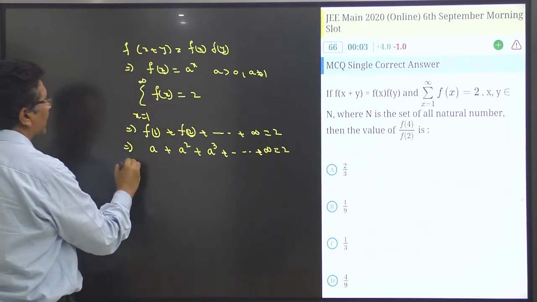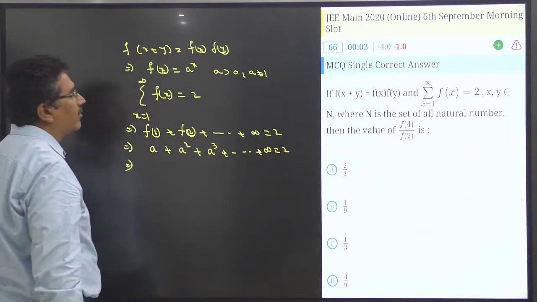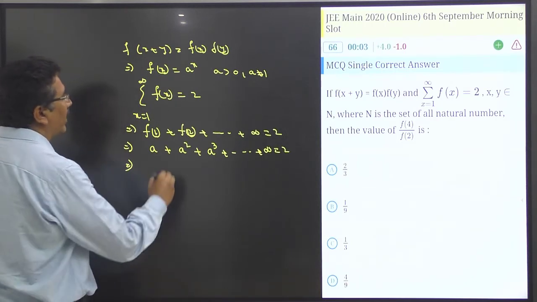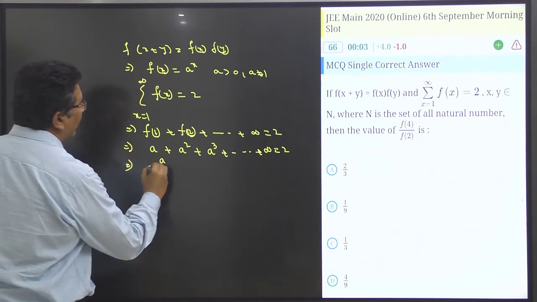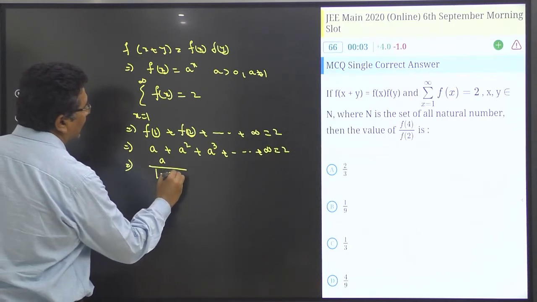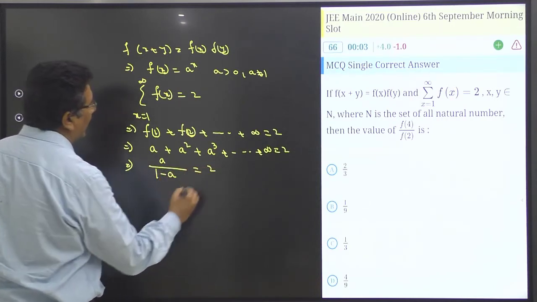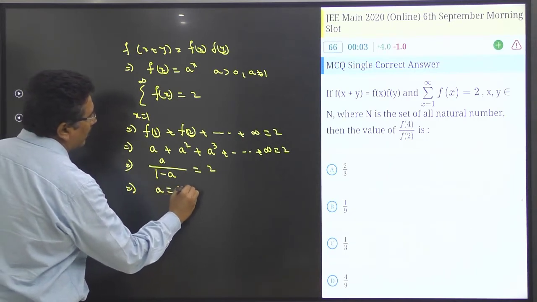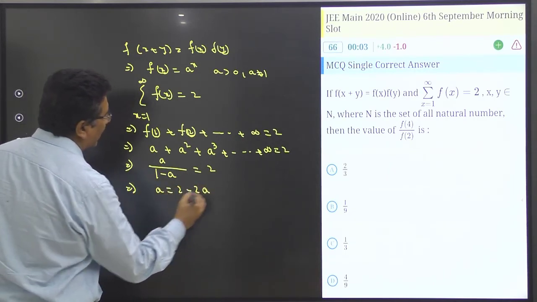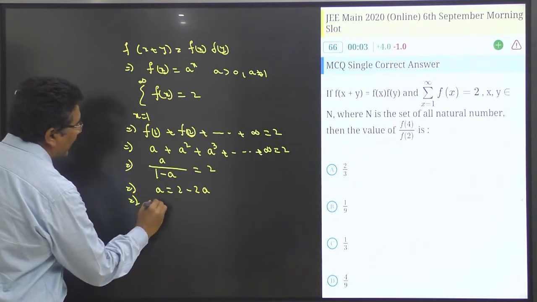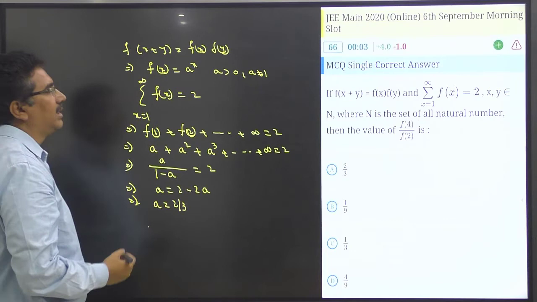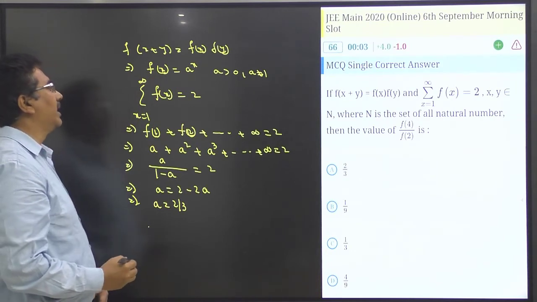Now, these terms are in geometric progression. Now, applying a by (1 minus r), a divided by (1 minus a), that is equal to 2. That implies a is equal to 2 minus 2a, that implies a is equal to 2 by 3. Right? a is equal to 2 by 3.